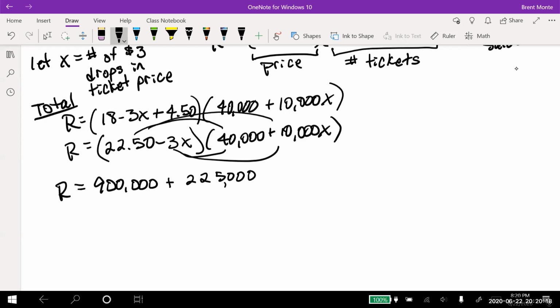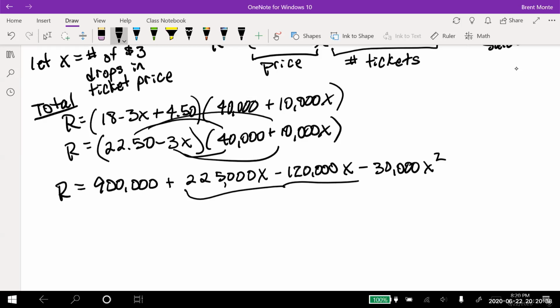So 225,000x, and then 40,000 times 3 is negative 120,000x, and then minus 30,000x squared. These, of course, are like terms, so I'll combine those. Let's see.